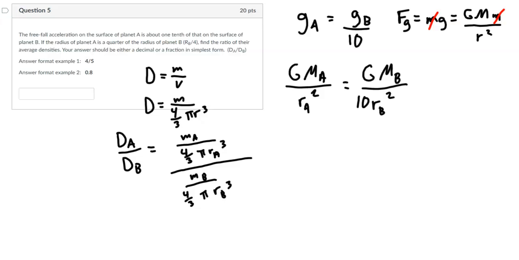And conveniently, some of this stuff will cancel out. So the 4/3 and the pi go away. And then basically we need the mass and the radius of both things to figure this out in some kind of terms.